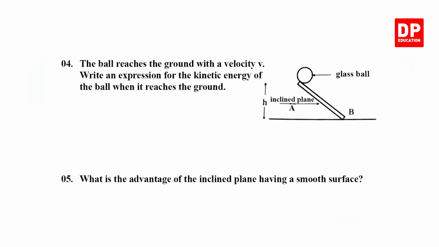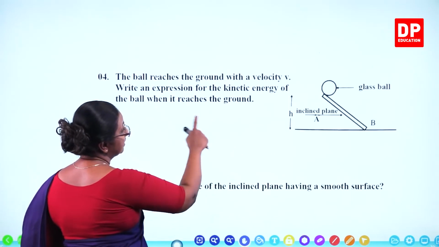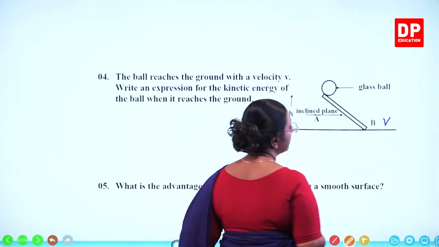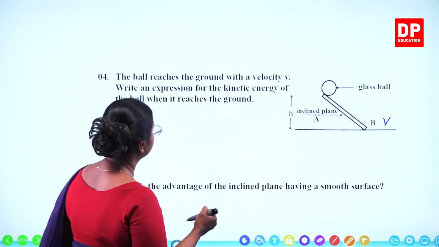Fourth one, again the same diagram is given to you. The ball reaches the ground with a velocity v. Write an expression for the kinetic energy of the ball when it reaches the ground. We have already written that, but here they have again said when it reaches the ground, the kinetic energy is v. So we need to write an equation for that.